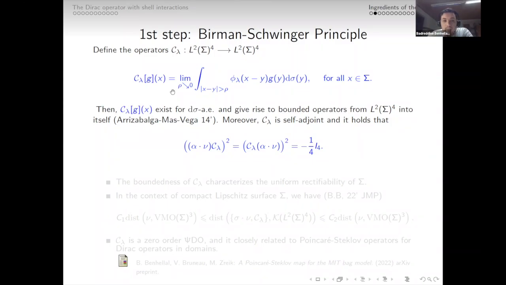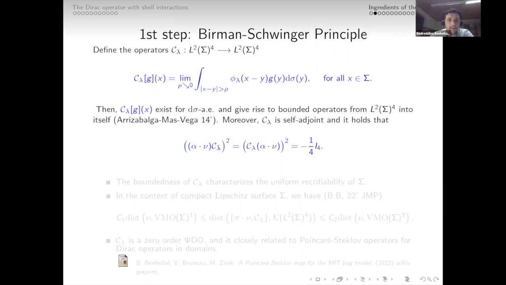In fact, this limit exists almost everywhere, and our operator is bounded in L2. This is shown in the Lipschitz case by Arrizabalaga, Mas, and Vega in this context. They also showed that this Cauchy operator is self-adjoint, and we have this algebraic identity, which plays an important role in the analysis of shell interaction.